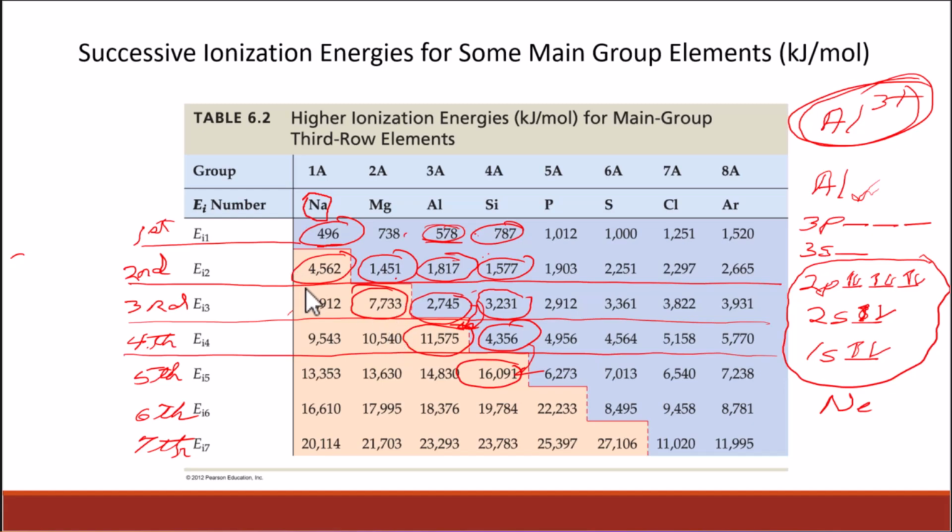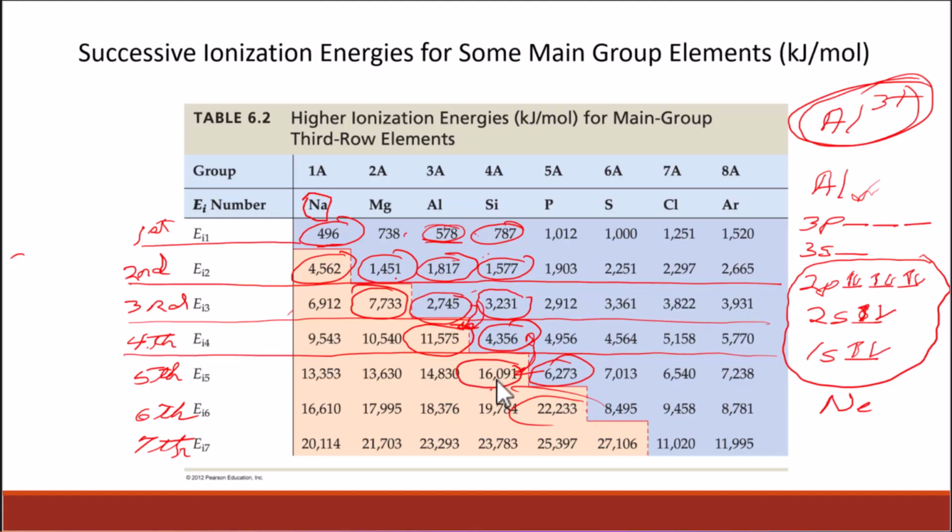And you can see the trend. Anytime you're trying to remove an electron from noble gas electron configuration, it's a big jump. Same thing here for phosphorus, you're going from 6,200 to 22,000. Again, that's neon's electron configuration you're trying to remove an electron from.